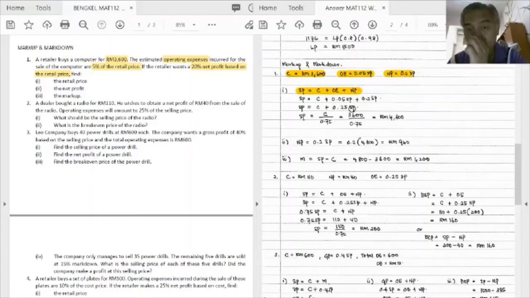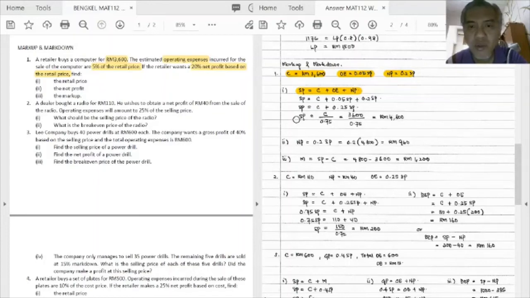Since you have SP on the right hand side and also on the left side, you can combine these by moving the 0.25 SP to the left side. It becomes 1 SP minus 0.25 SP, which gives 0.75 SP equals C. Finally, you evaluate SP by moving the 0.75 to the right hand side.